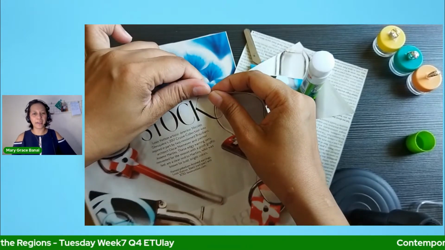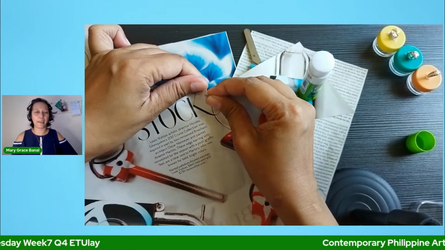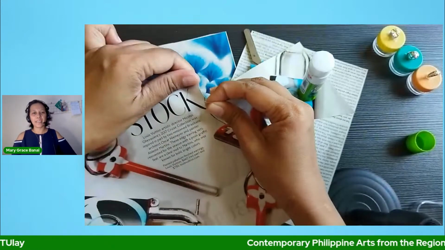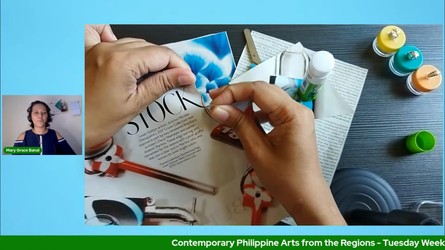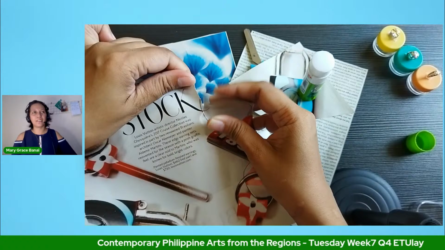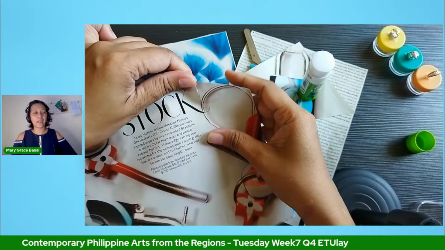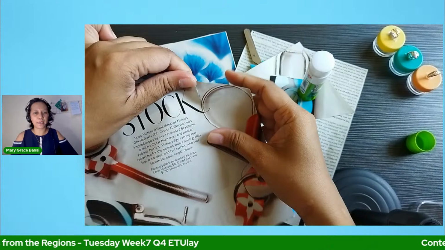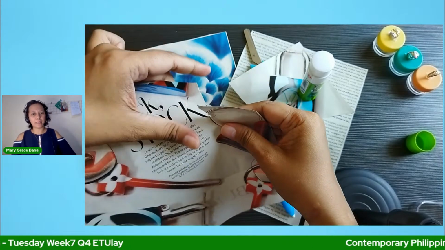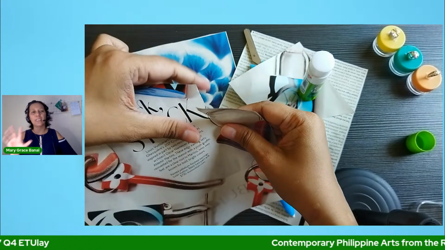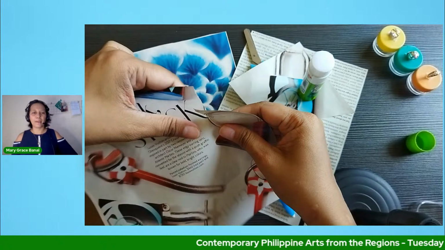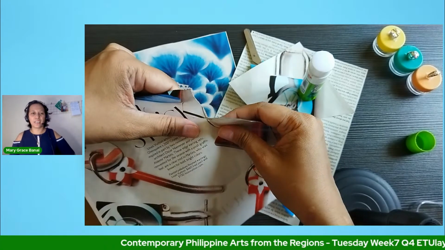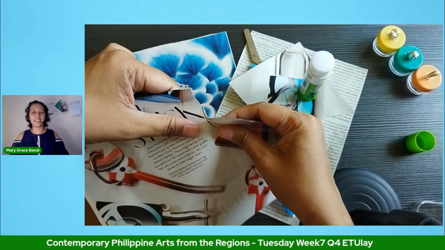Okay, so in this part, yan, I'm starting to tear the paper. And you don't really have to think of the pattern, okay, just let your hand tear freely on that paper. Bahala na kung saan mapunta. Pero pwede rin naman na kung may sinusundan kayong image, for example, doon sa page na yon, pwede nyo namang sundan yung image na yon, even though you're just tearing the paper.